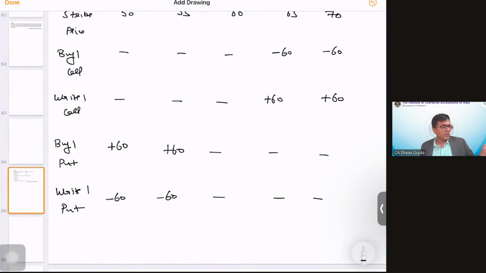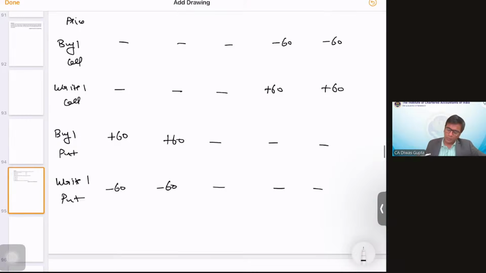Okay. So now the next part is actually the expiration date investment value.